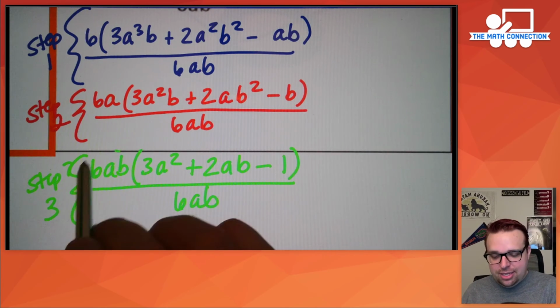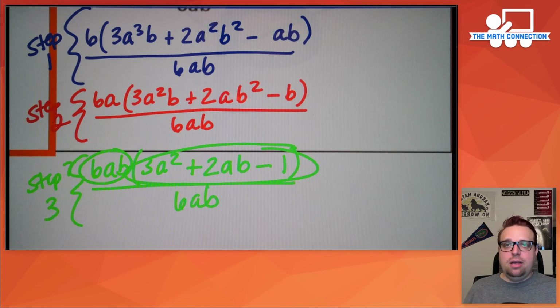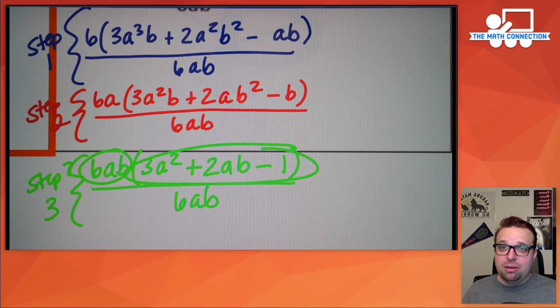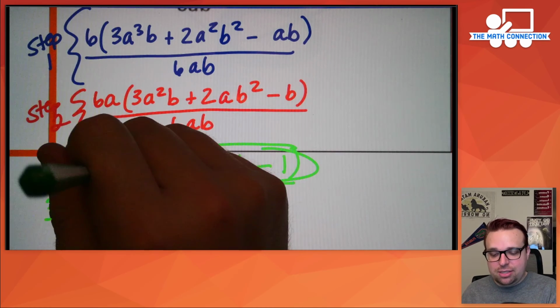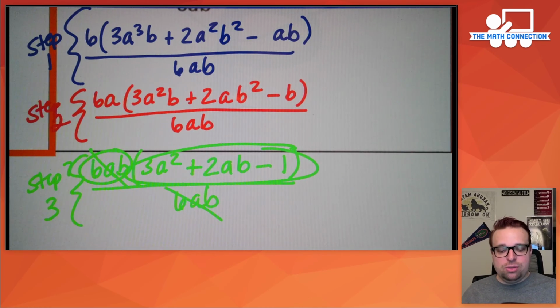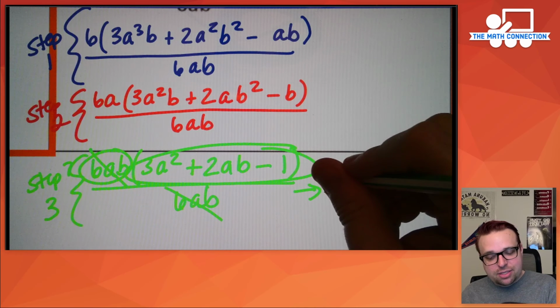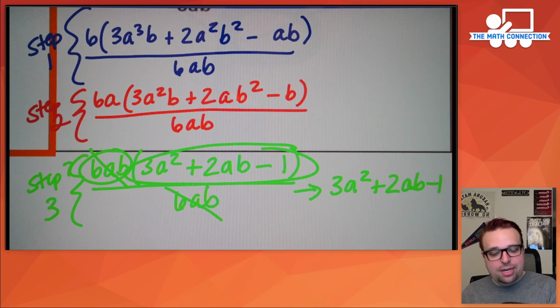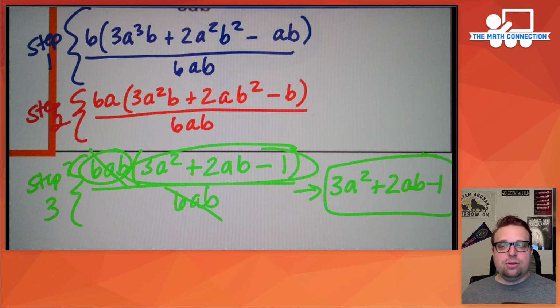Yes, it's this times all this. But 6AB is on the top and 6AB is on the bottom, so they cancel because this is now multiplication. So this goes away, this goes away, and all I have left is 3A squared plus 2AB minus 1. That's my final answer, okay?